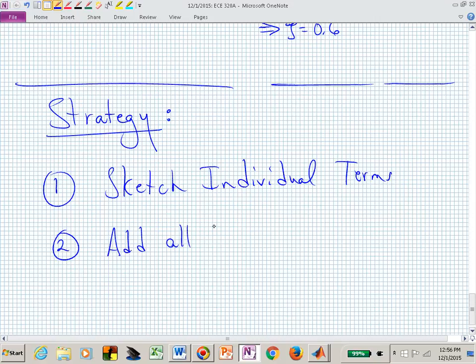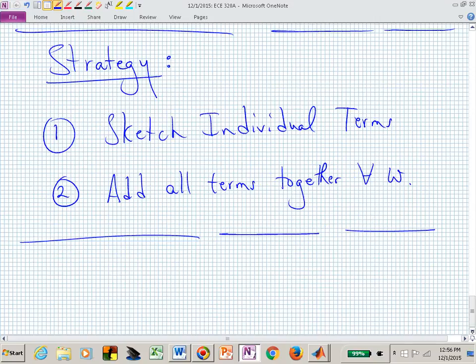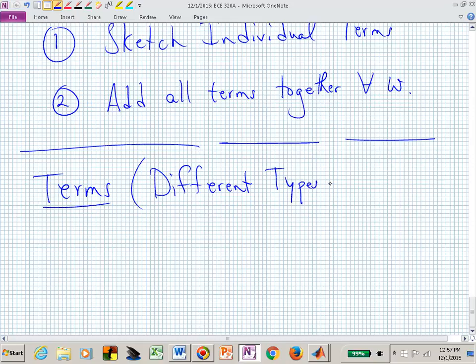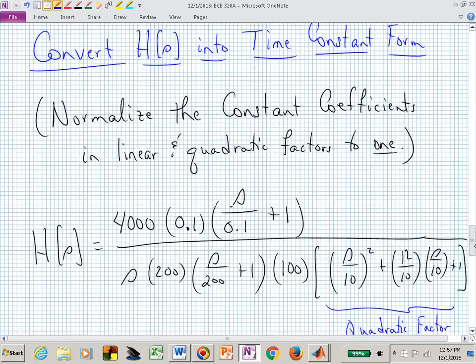So add all terms together for all frequencies. That's our strategy. Let's now look at the different factors or types of factors in this time constant expression.